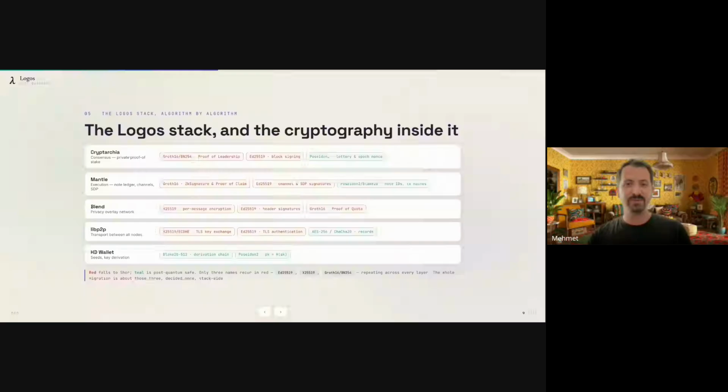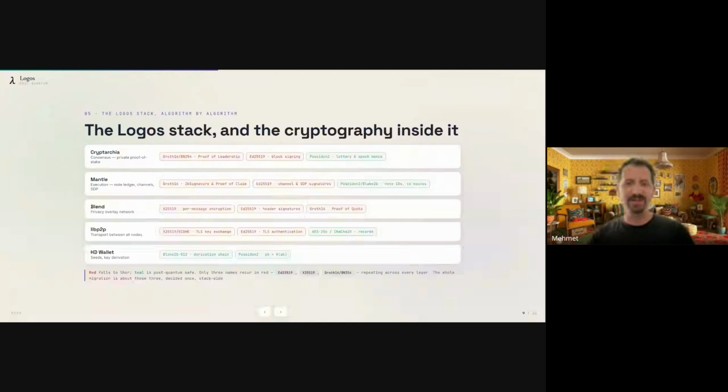But we are aware of that problem in the Logos protocol, and therefore we design our protocols to do that migration in an easy way.